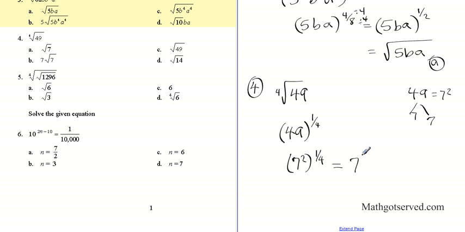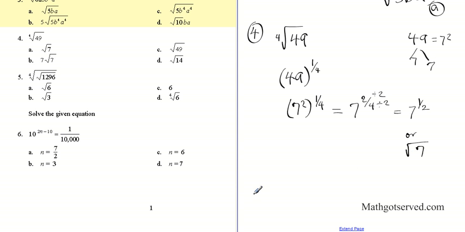I'll end up with 7 raised to 2/4. Now I can reduce this by dividing by 2 top and bottom. So I'm going to end up with 7 raised to the 1/2 power, or the square root of 7. Okay, so those are your two options. So our answer for number 4 is A.